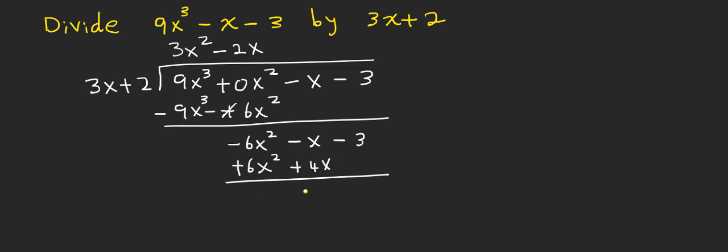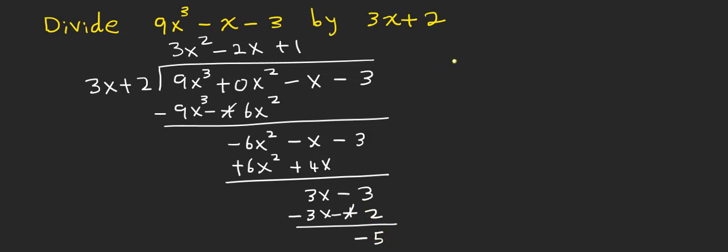You get negative 3x minus 3. 3x goes into 3x positive 1. And you distribute, you get 3x plus 2. Change the signs, and you get negative 5. So in this case, 3x does not go into negative 5. So negative 5 becomes the remainder.